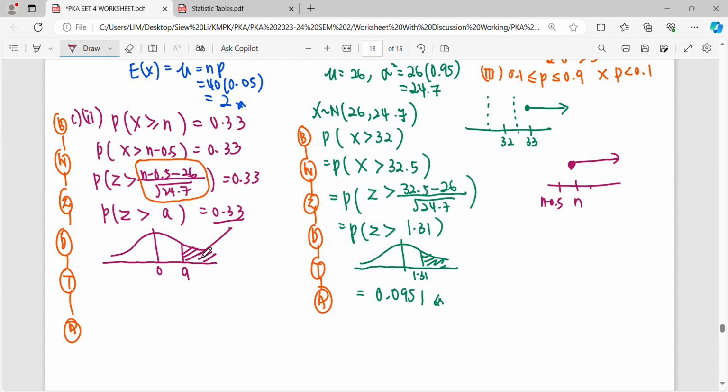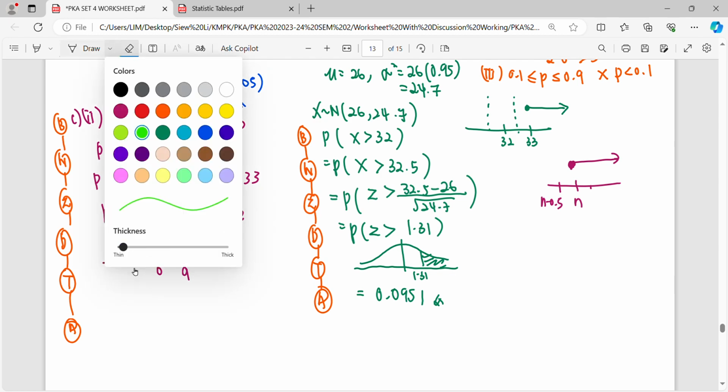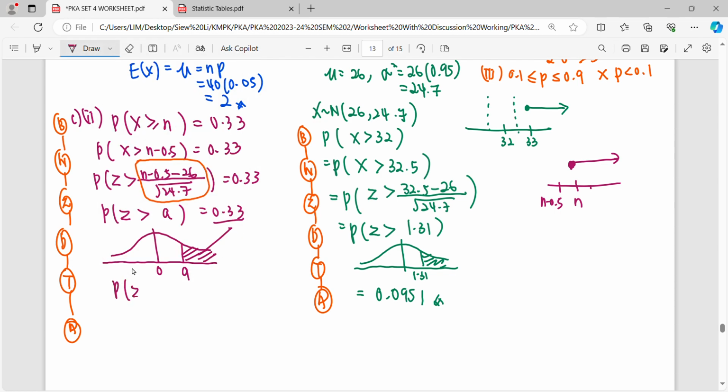Alright, when your area is bigger than half, your value has to be more than 0.5. Let's say just now I put here a, area bigger than half, the value also needs to be more than 0.5, so it is not at the left hand side. So as long as we read the right tail table of a, we can get 0.33.